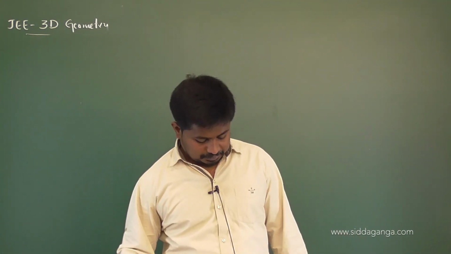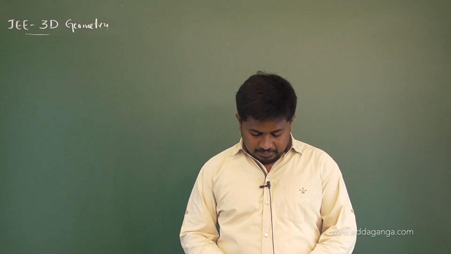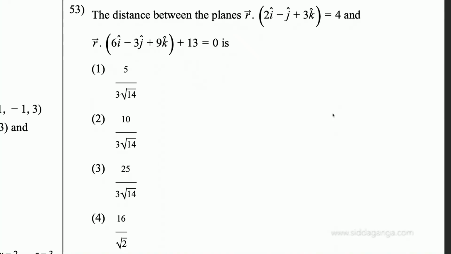Yes, question number 53. The distance between the planes r dot 2i minus j plus 3k is equal to 4 and r dot 6i minus 3j plus 9k plus 13 equal to 0. Let me write this in Cartesian form. First equation, that is what? 2x minus y plus 3z equal to 4.